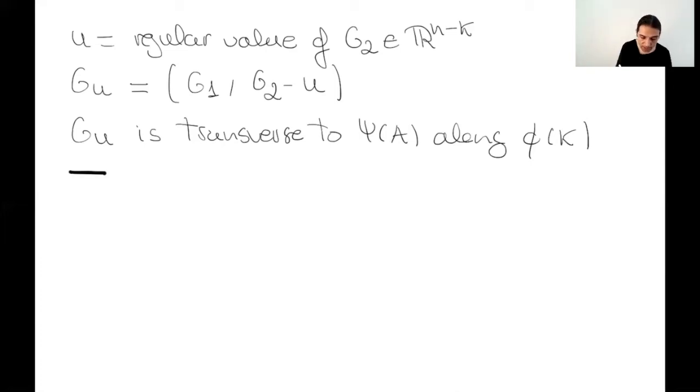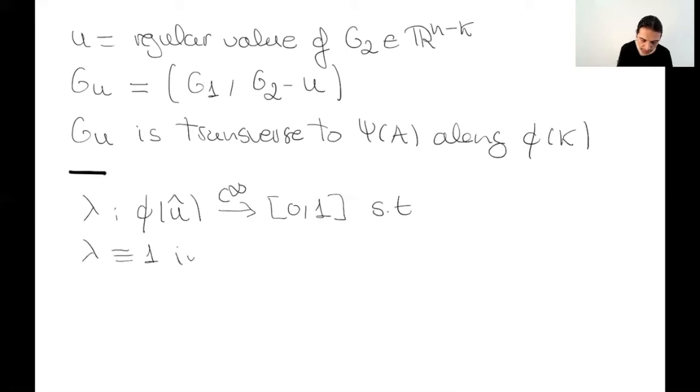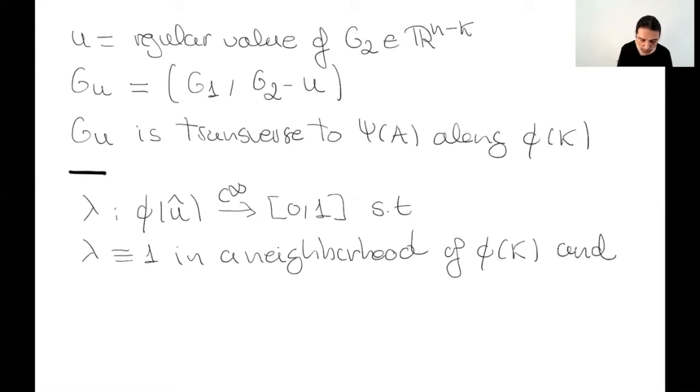And this trick is just considering lambda, which is going to be a C infinity map defined in the image of U hat by the local chart phi with values in [0,1], and such that lambda is equal to 1 in a neighborhood of phi K, since we are in local charts, and whose support is contained in the image by phi of K prime, right?